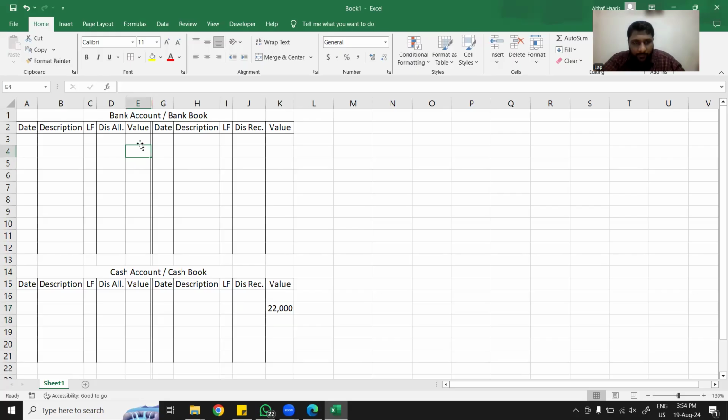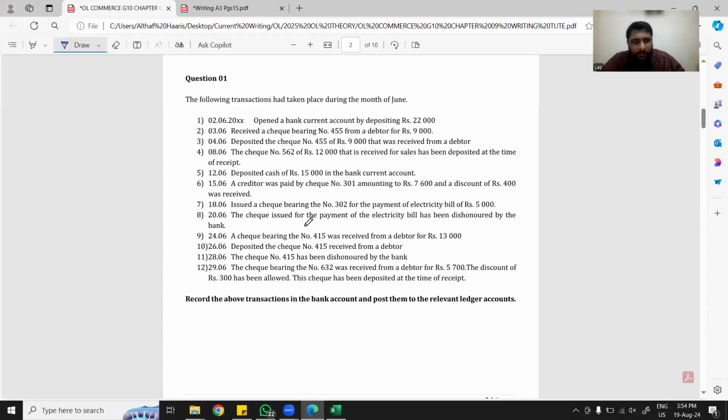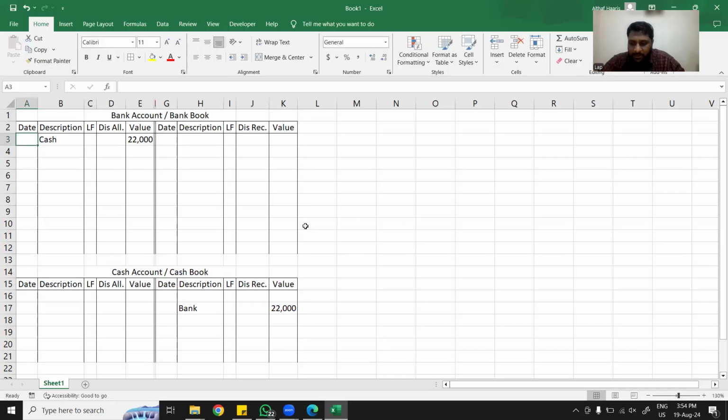And here the bank is getting 22,000. Now you can switch the names. Here you can write bank and here you can write cash. What's the date? 26.